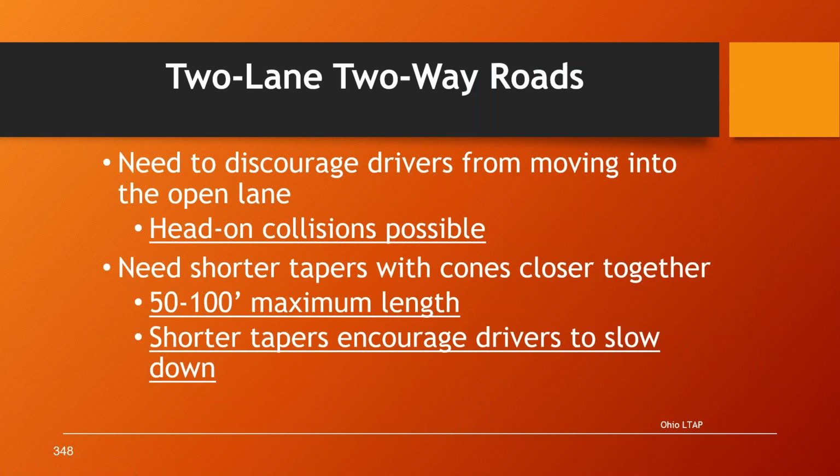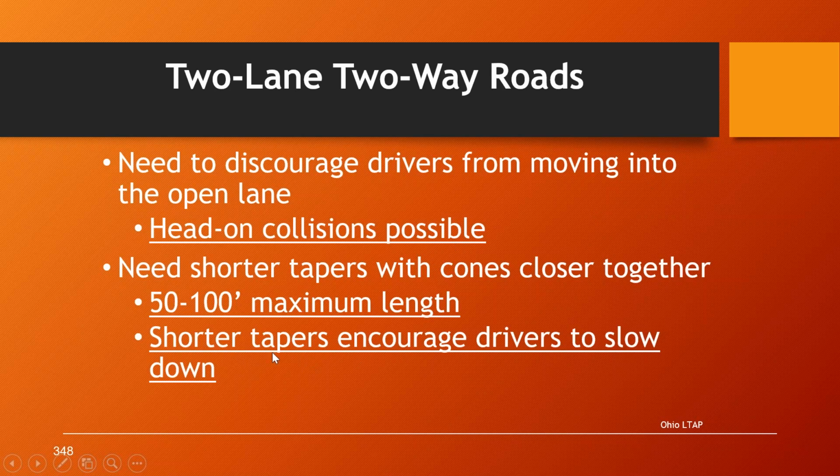So when we're working on our two-way roads, we need to discourage drivers from moving into the open lane because head-on collisions are possible. The way we do that is we have a shorter type of taper with the cones spaced closer together. The length of our taper in a flagging operation ranges from 50-foot minimum to 100-foot maximum.